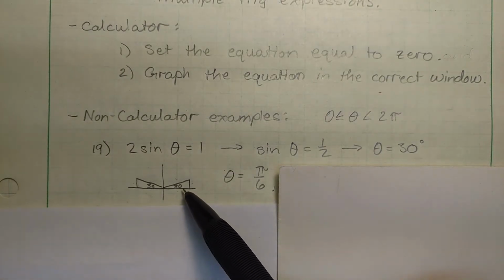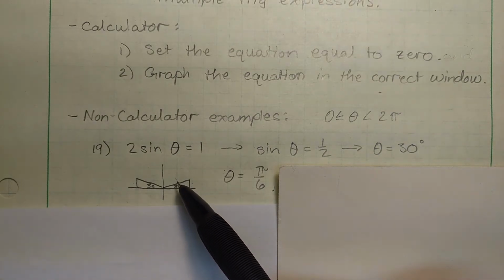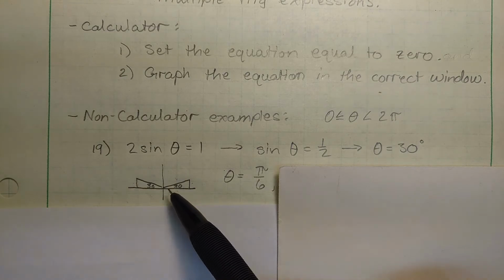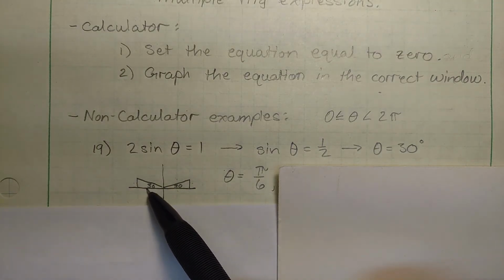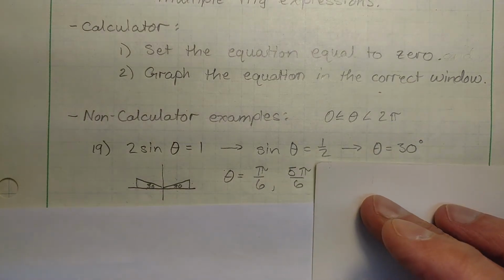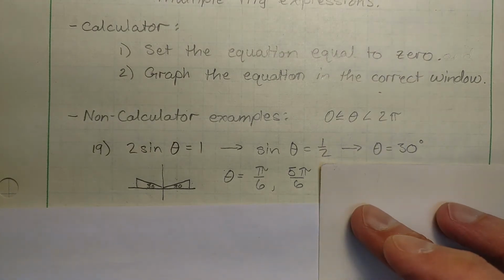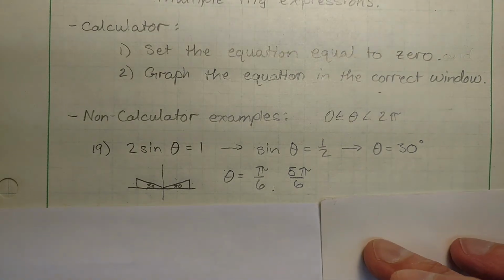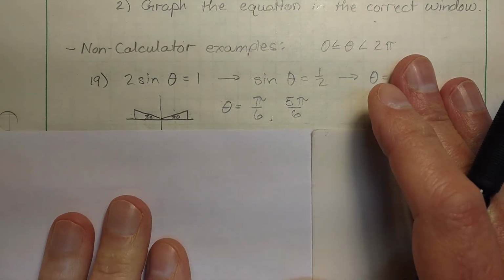If you have to, you can just take 30 over 180, and you get that. And this is 30 away, or 1/6 away from being a full pi. Well, pi minus 1/6 would be 5/6 pi, because 1 minus 1/6 is 5/6. So those would be the angles that we have there. Let's look at another example.